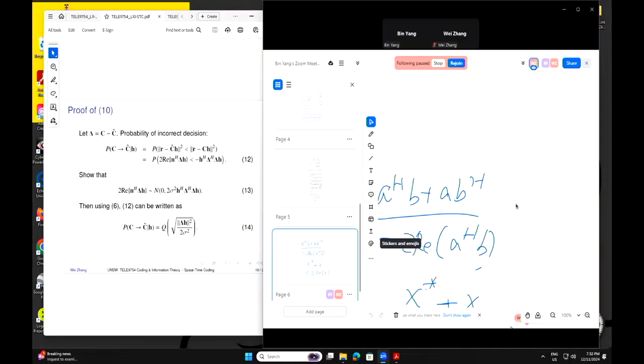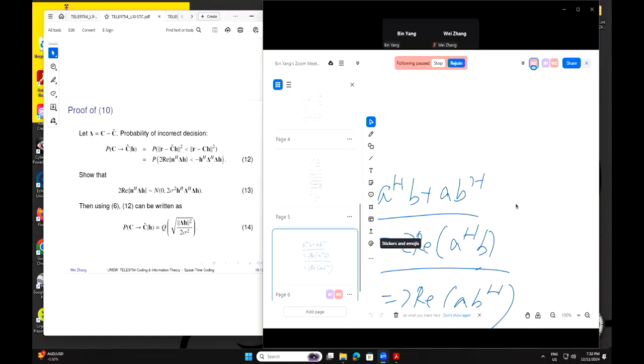A plus jB plus A minus jB, so that is two real A, that is 2A, right? Equivalent to say this one, that is two real A Hermitian B. It can also be written as two real A B Hermitian. It's the same thing, right? You just take the real part and double it, okay?